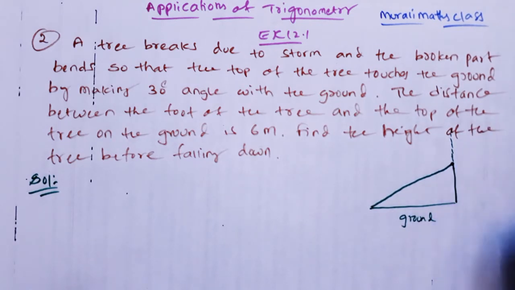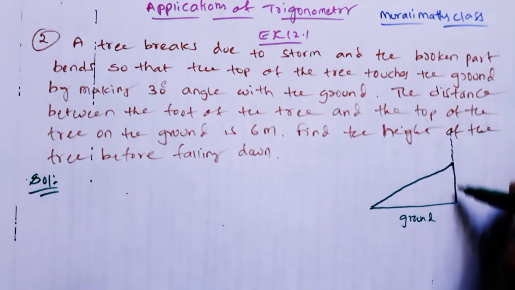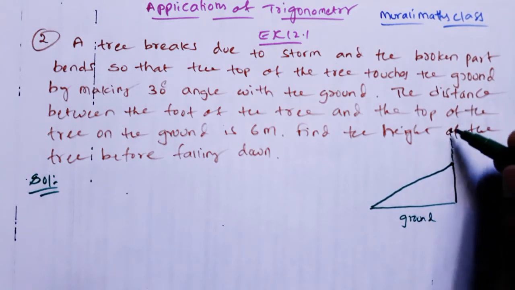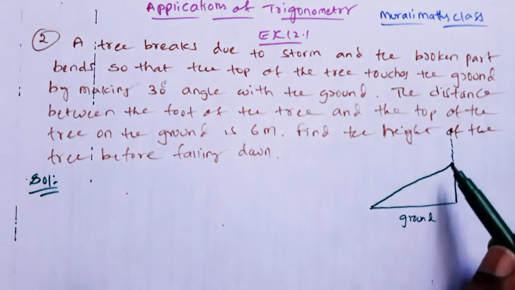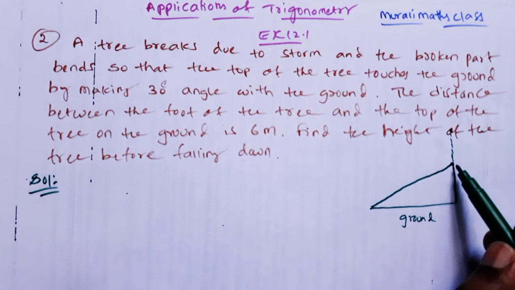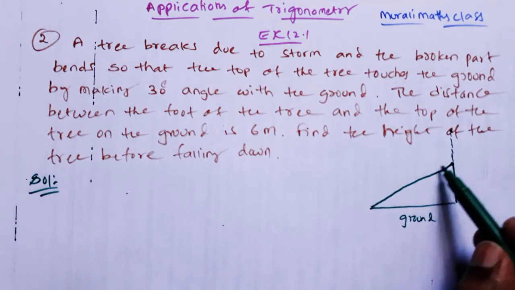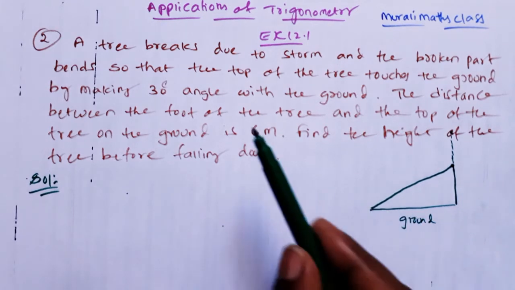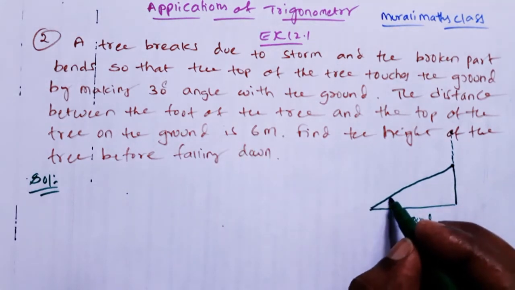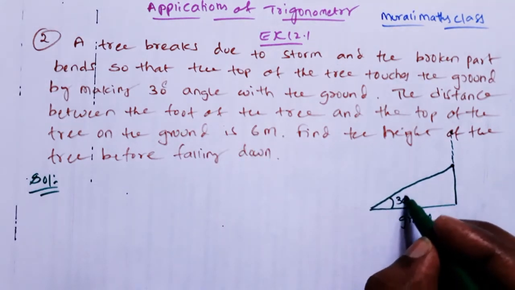So actually the tree is this much of height, up to here. Due to the storm it is cutting somewhere here and bending towards the ground. And here they have given an angle, that is 30 degrees.